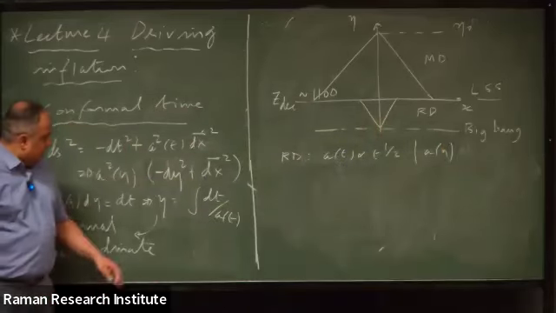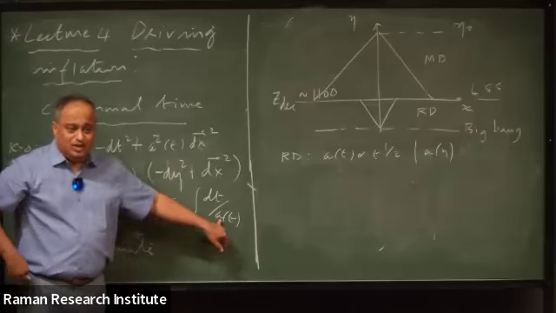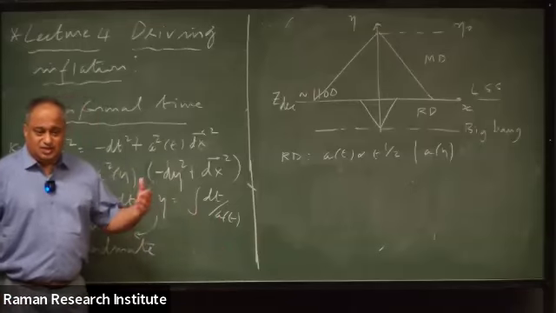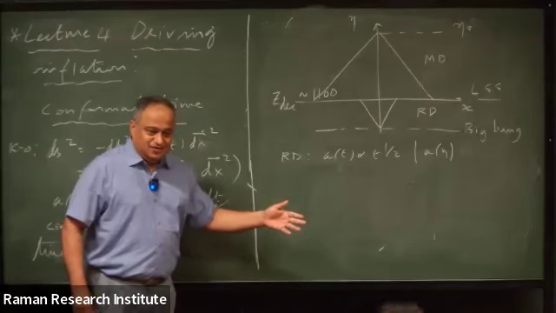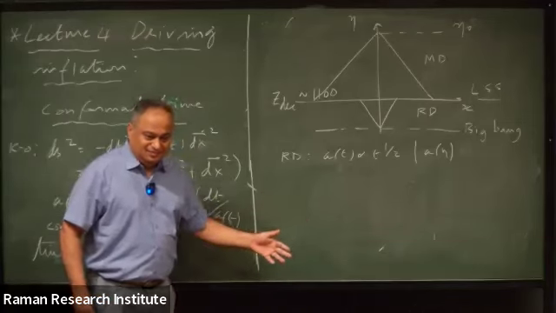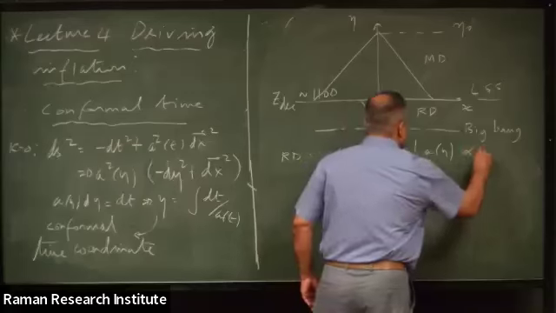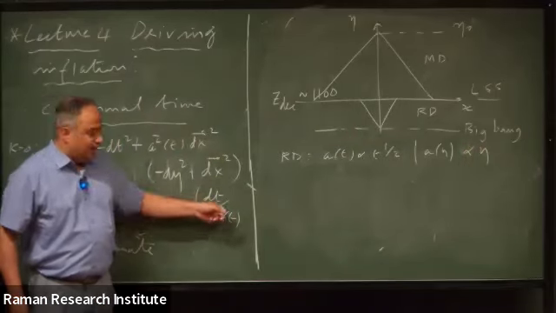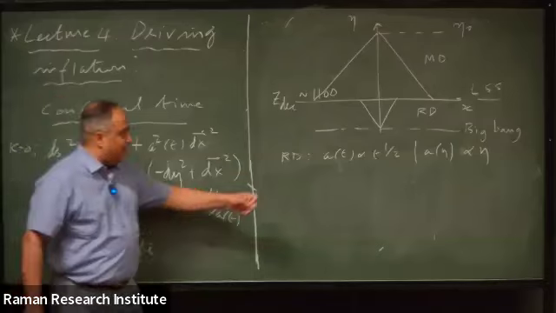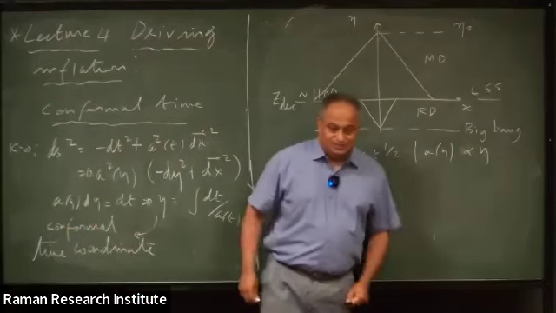It is the integral of dt by t power half. Therefore, it is t power half, which is eta is t power half. Is that clear? You plug in dt by t power half, which gives t power half. So eta is t power half, a is t power half, so a is eta.